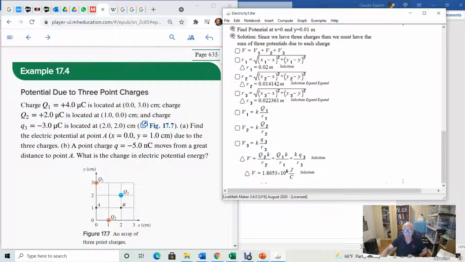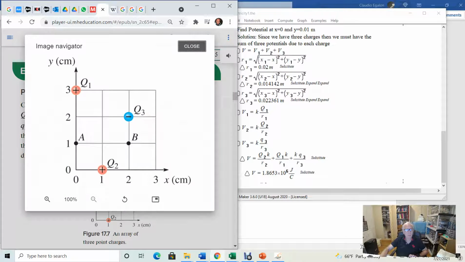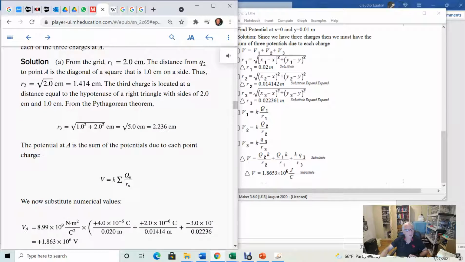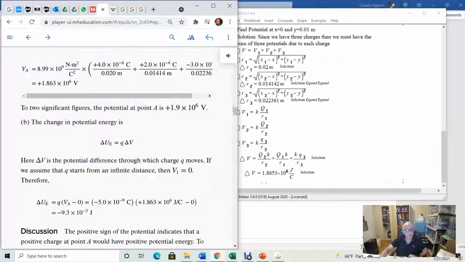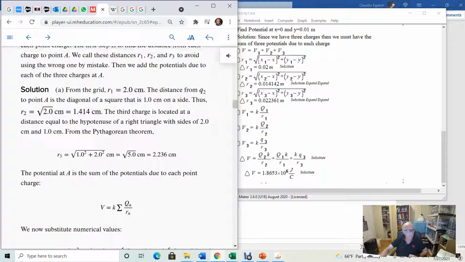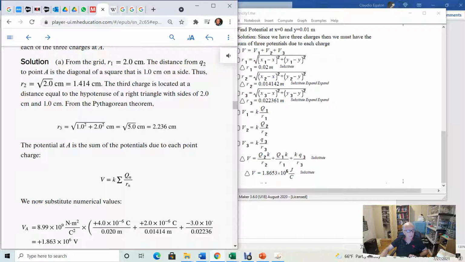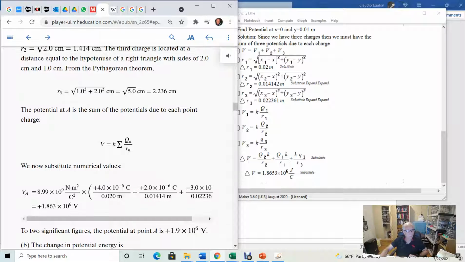That's what I'm getting for the volts. Joules per coulomb is volts. Let's see if that matches what we have here in the book. Strategy, I did everything here. The potential at A is going to be, we know, 1.863 times 10 to the 6 volts. Just exactly what I got.